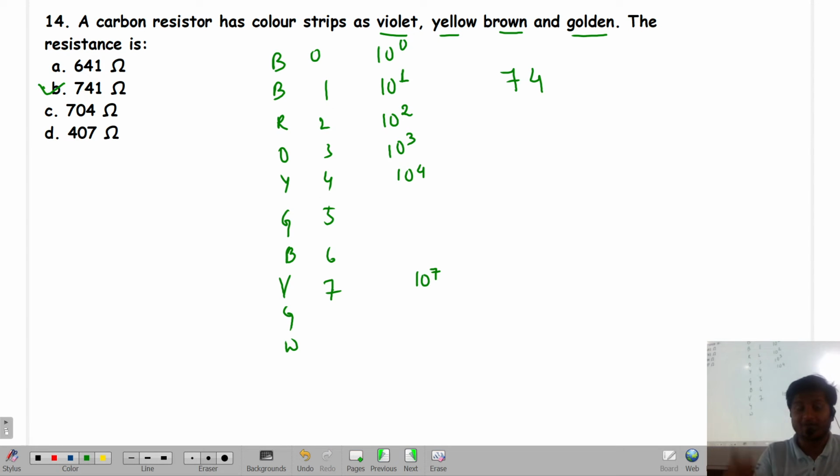First number, then again a number, after that the multiplication comes. After that brown, which is 10 to the power of 1. And golden is plus or minus 5%. For golden it is 5%.